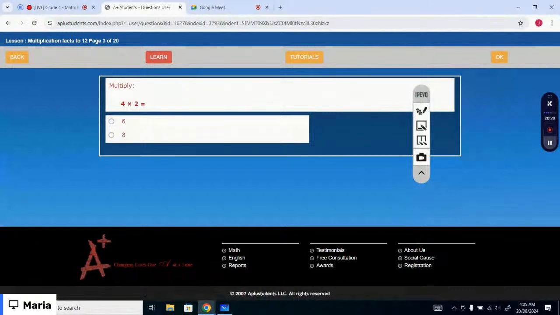The next one is 4 times 2. Which is the correct option? You can do 2 times 4 or 4 times 2, right? They both are exactly the same. So 4 times 2 is 8.